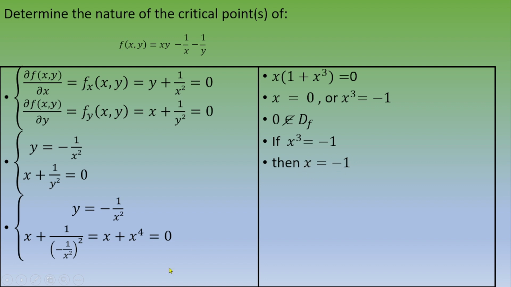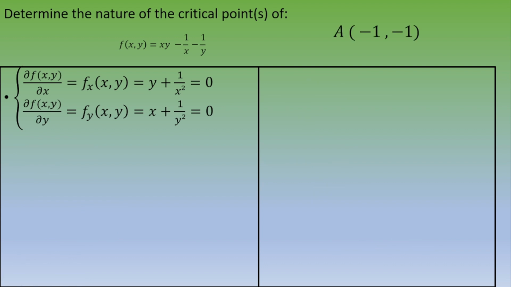Then we are going to plug the value of x in one equation, the first one for example, to get the value of y, and y equals negative 1 over x squared, and if x equals negative 1, this is negative 1. So at this stage, there is a single critical point, and this is point A. You give a name to this point, and this is (-1, -1).